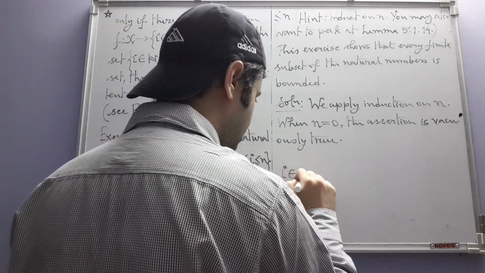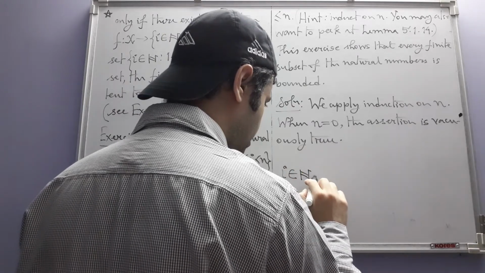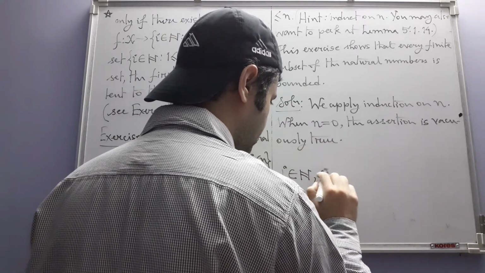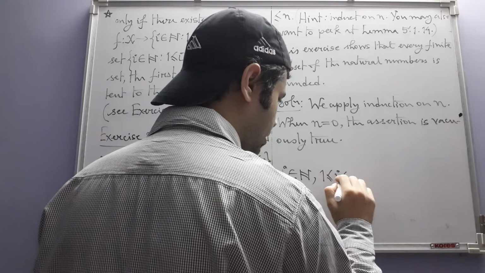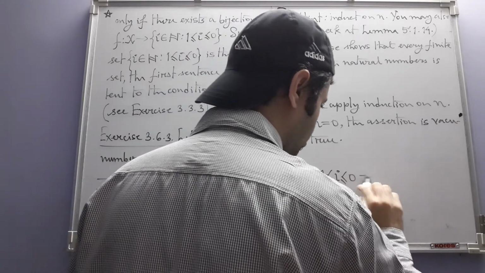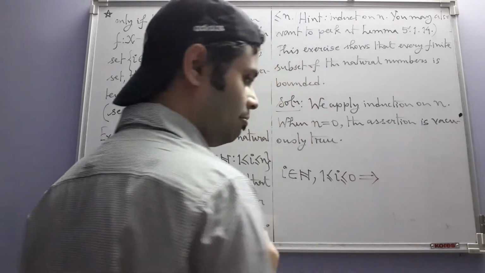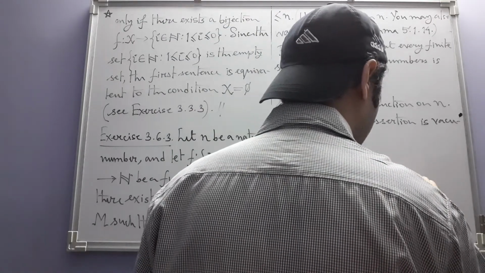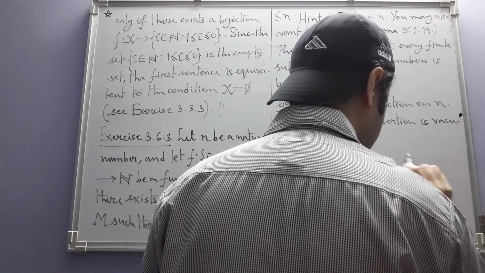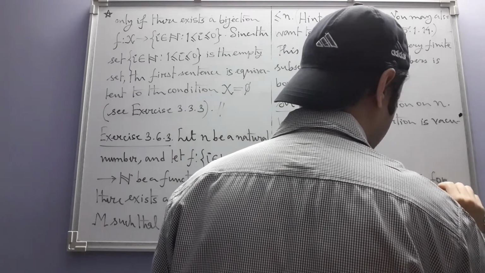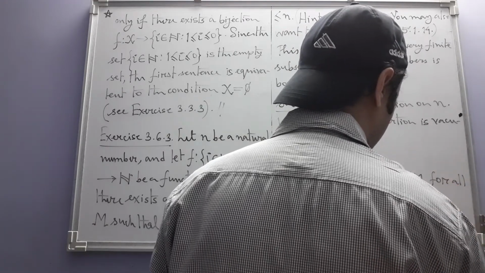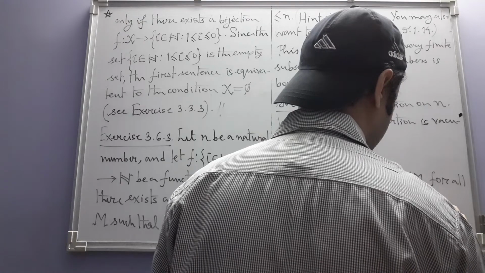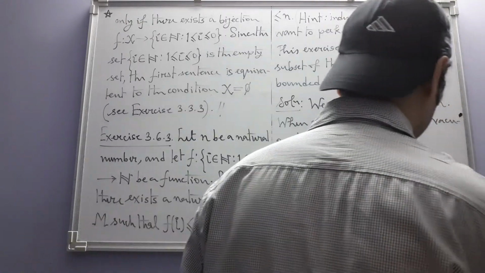If i is a natural number such that i lies between 1 and 0, then it implies that f of i does not exceed n for all i lying between.